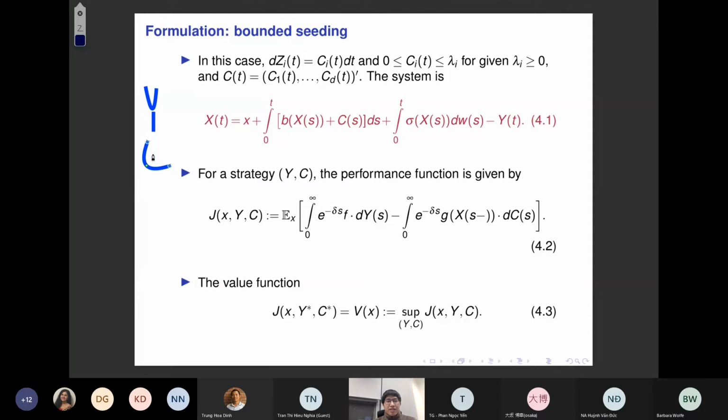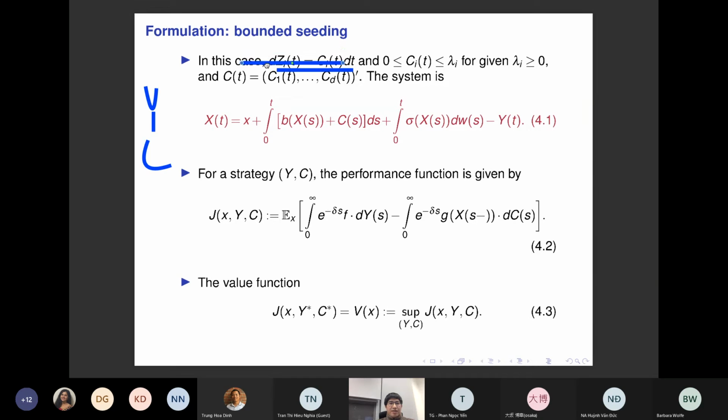Now we consider the case where we have regular control. Suppose we only have the bounded seeding or the bounded harvesting. In particular, suppose we just have the bounded seeding. We have dZ_i(t) equal to c_i(t) dt.